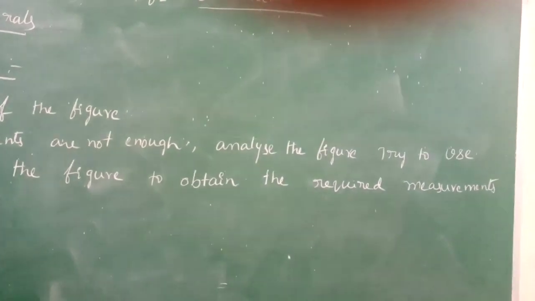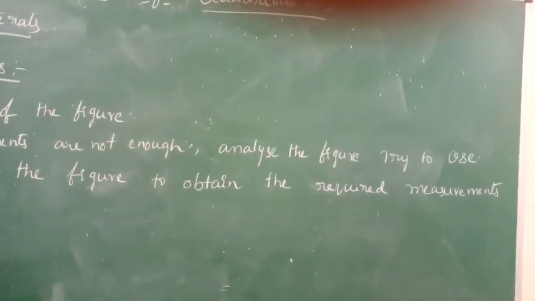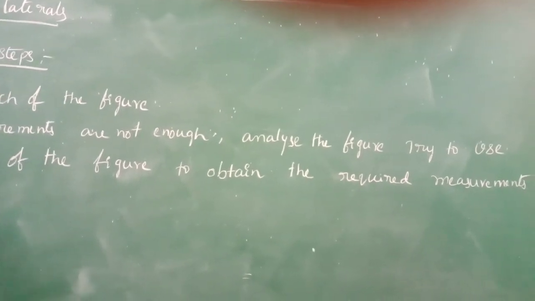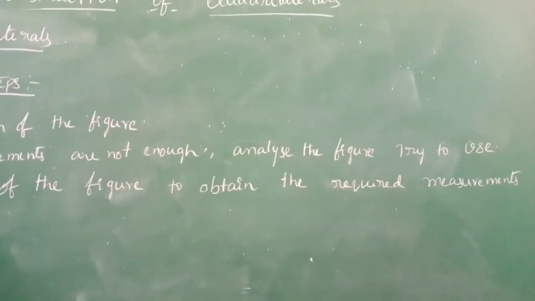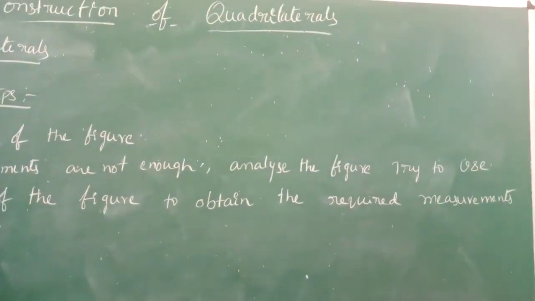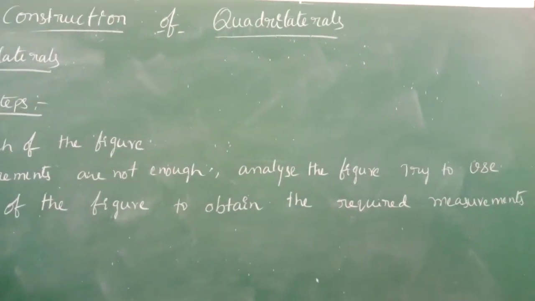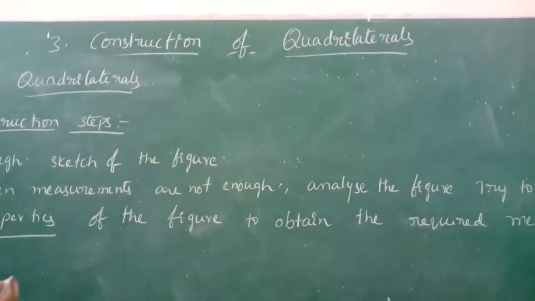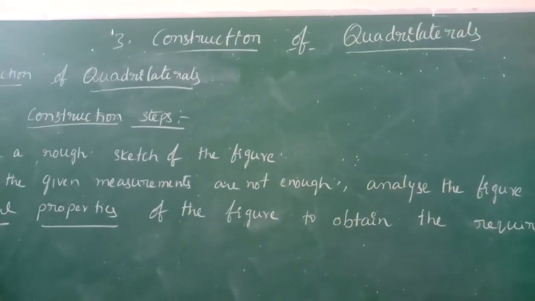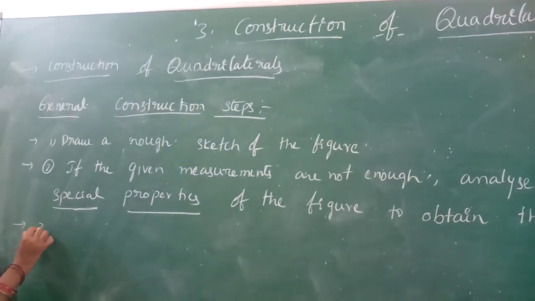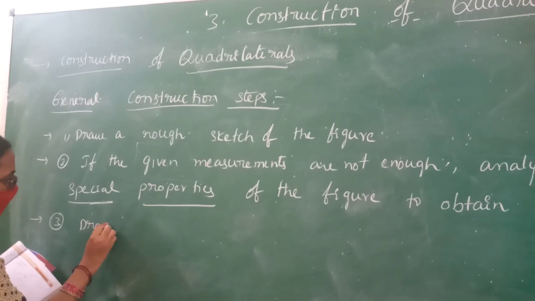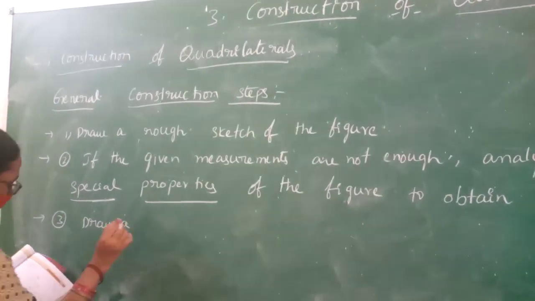So, special properties means, yes, we have types of quadrilaterals we already learned. What are the special properties in a rectangle? Opposite sides are parallel and equal. So those properties we can take, then we can draw the measurement. Next, third one, draw a triangle.